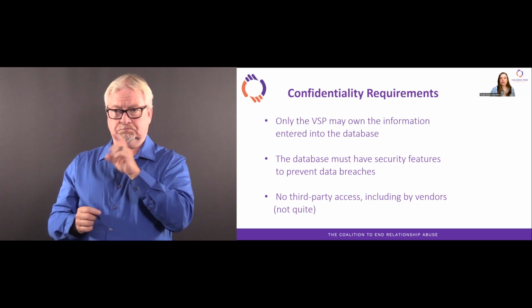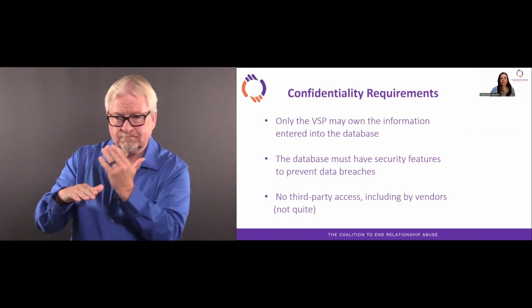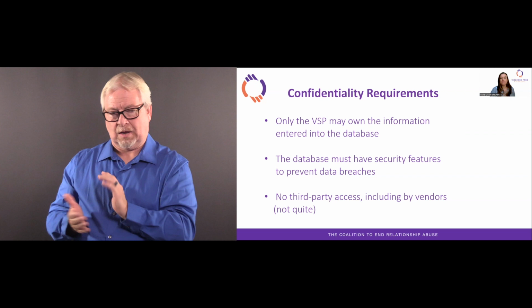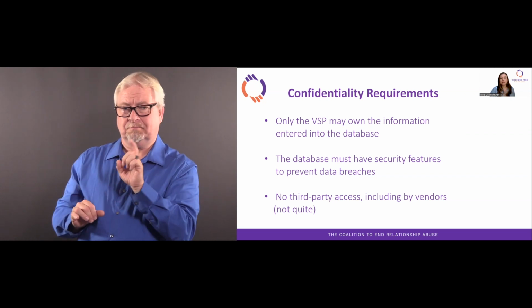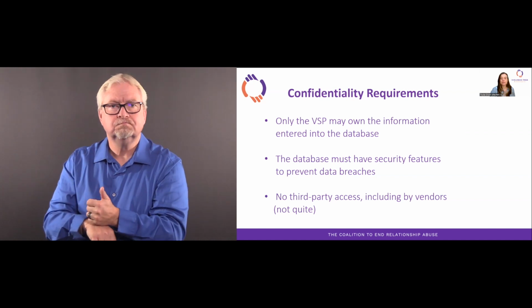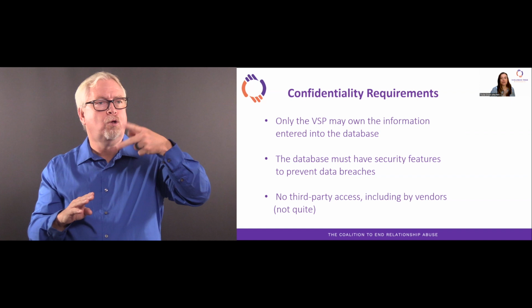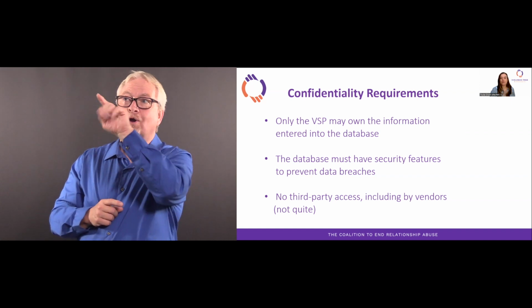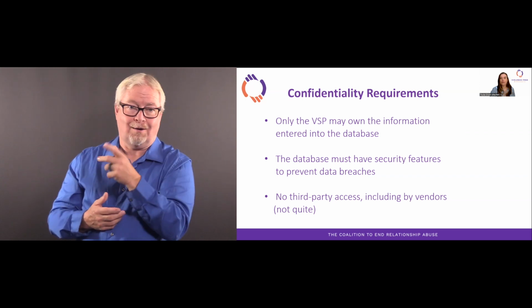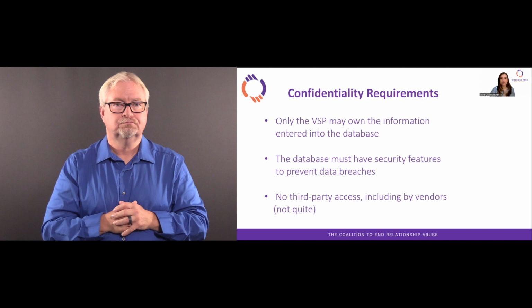A VSP must take reasonable precautions to prevent this information from being shared via the comparable database. A comparable database must have protections in place to prevent information disclosure to third parties, including the database vendor itself or other third-party vendors, such as a cloud-based data storage provider.